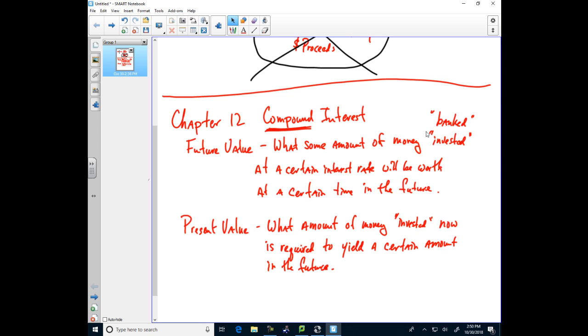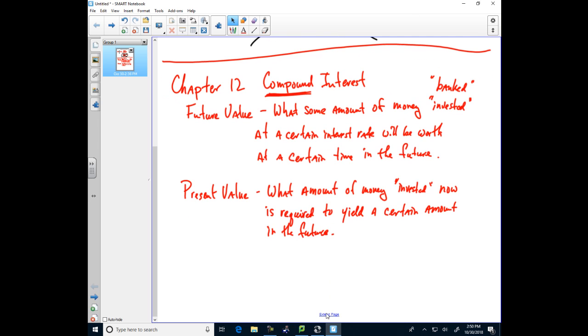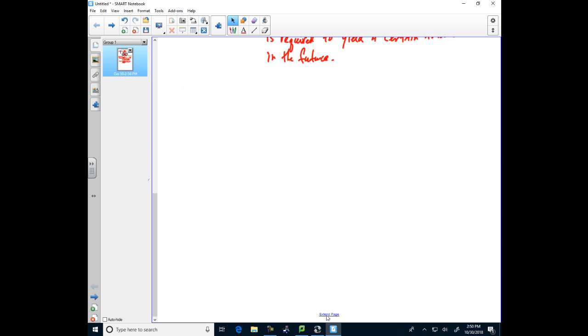Okay? So let's talk about compounding interest. And to do this, let's do this. We've looked at simple interest. And this is typically what happens, well, the loans we've looked at so far are simple interest.